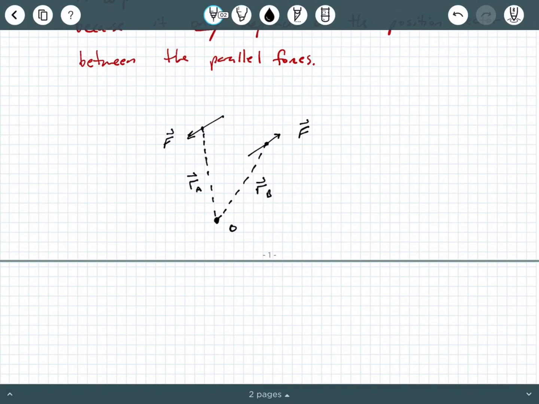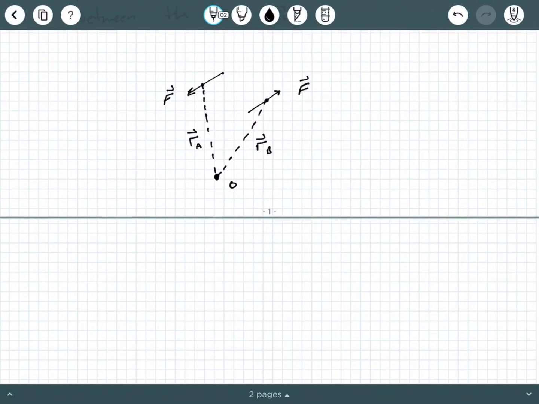So at first we may try to use some of the moments, right? So we could end up saying a vectorized couple moment is RA cross F plus vector RB cross negative F. Okay, where am I getting this from?